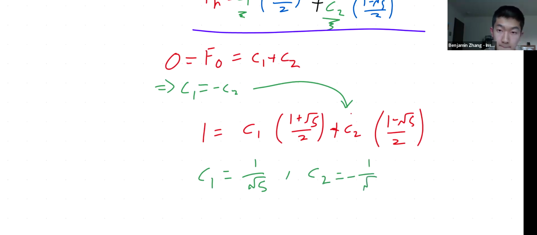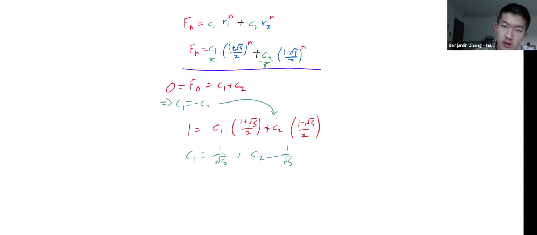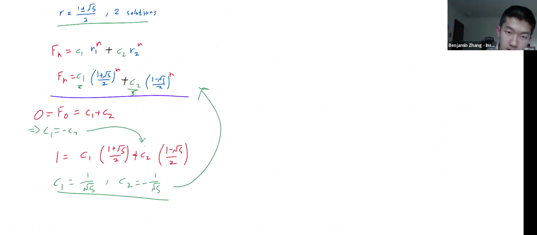Okay. So now we can plug these constants in over here, and we get the closed form of the Fibonacci sequence, Binet's formula.